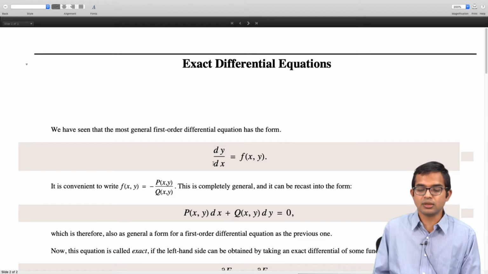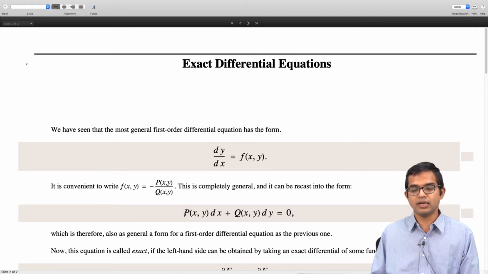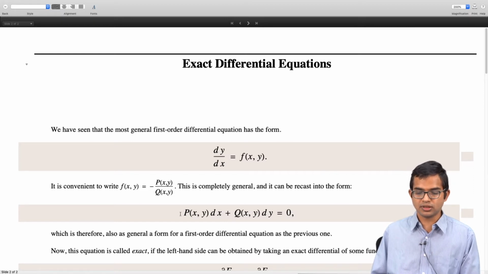But at this point it's completely general, right? So this allows us to recast this first order differential equation in this form, p of x comma y dx plus q of x comma y dy equal to 0, right? So this equation is as general as the first equation itself. So this is a general first order differential equation.